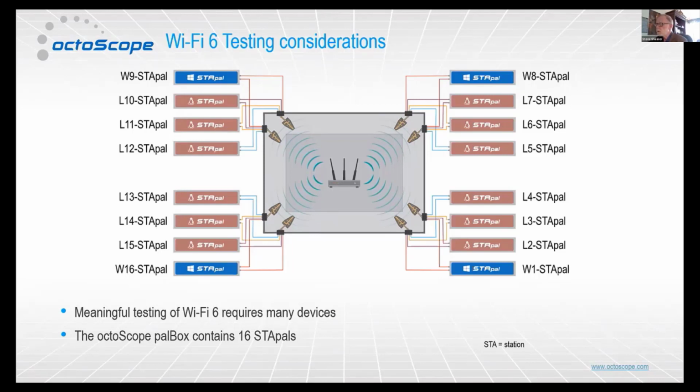These are 2x2 stations, and we feed the signals into the corners of the testing chamber. This gives us the maximum spatial diversity for each of these groups. It means we can test MU-MIMO in this chamber, and that works very effectively. But again, with the number of stations here, we can very effectively test OFDMA as well.